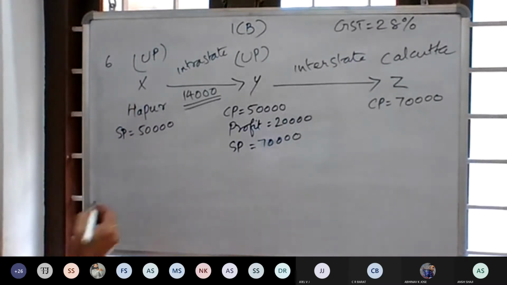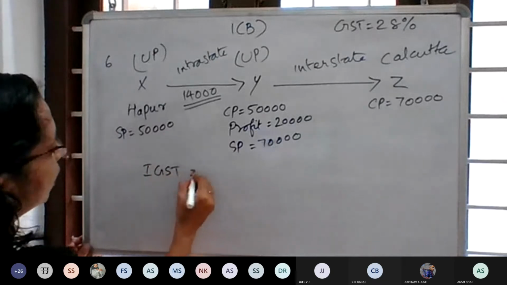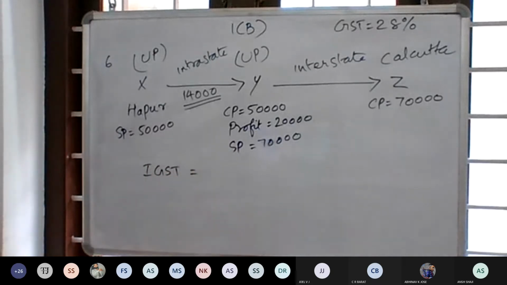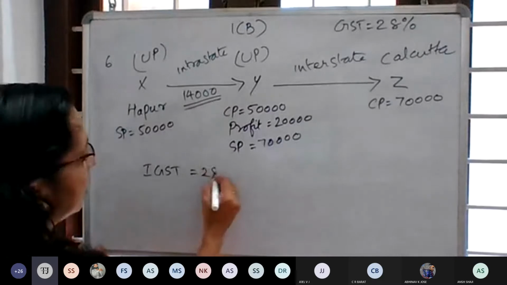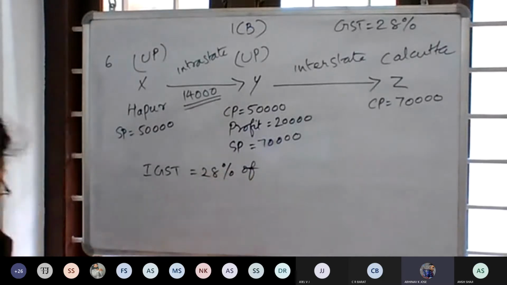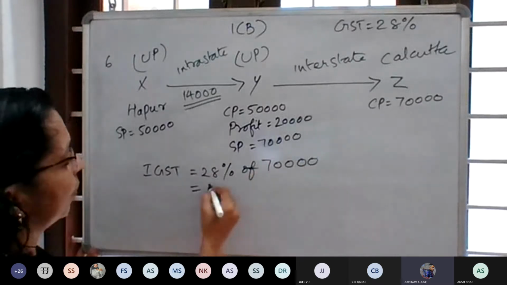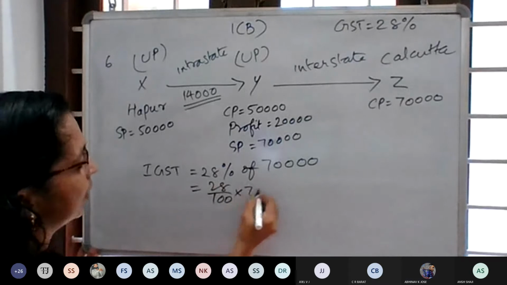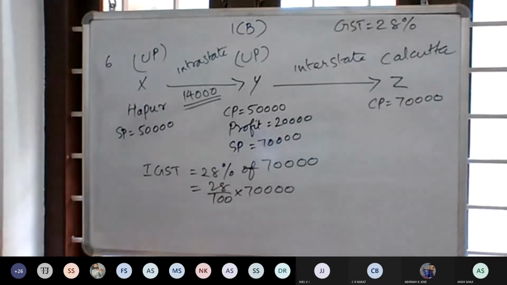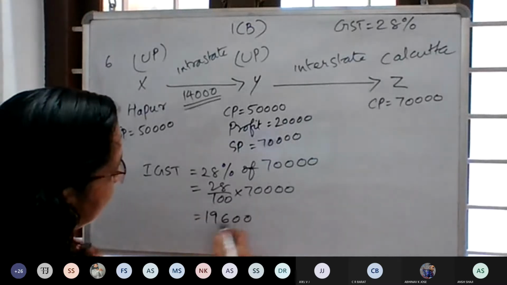IGST is equal to 28% of 70,000. That is 28 by 100 into 70,000, which is 19,600.